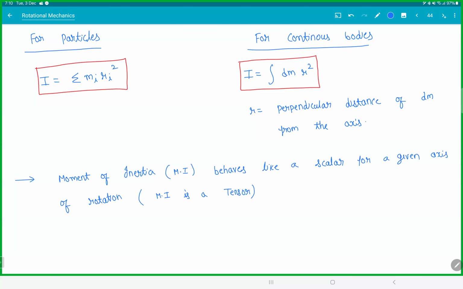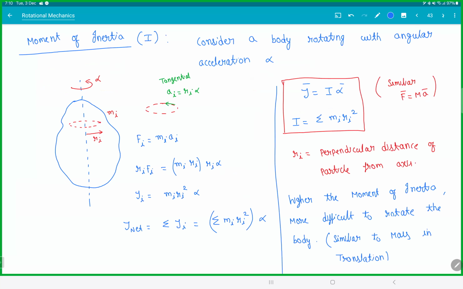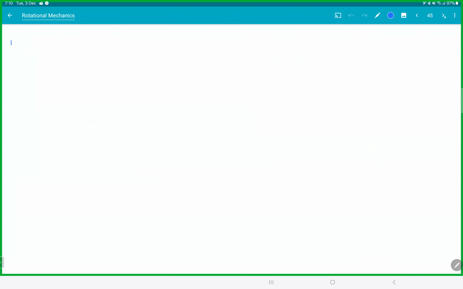Let's see our question on this. This is your axis of rotation. This is m. This is 2m. This is 3m.